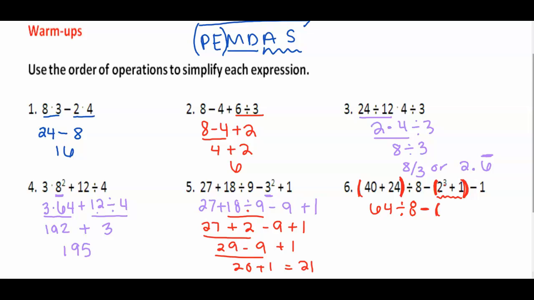Adding 1, you get 9. Minus 1. Left to right, you divide. 64 divided by 8 is 8. Now you have 8 minus 9, which is negative 1, minus 1, which is negative 2.